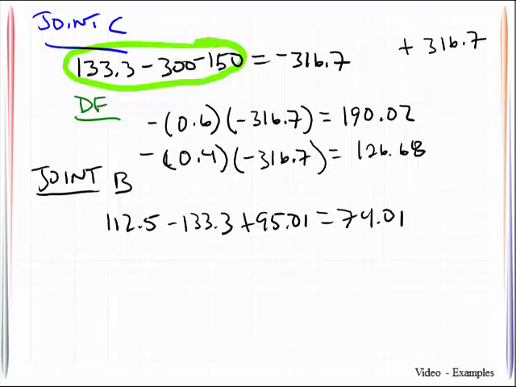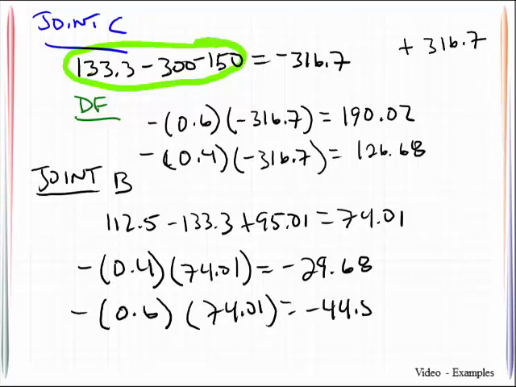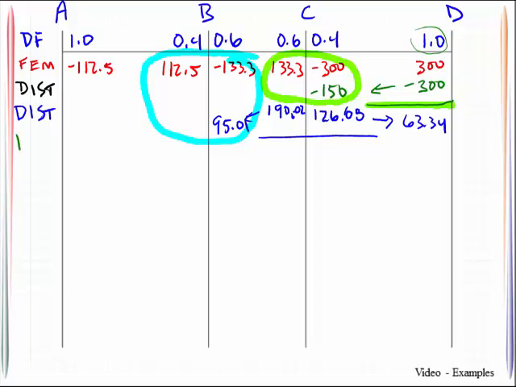I'll go ahead and distribute that. That'll give me negative 29.68 and negative 44.53, which I can now put back into this table. So we'll handle the distribution for joint B, negative 29.68, negative 44.53.